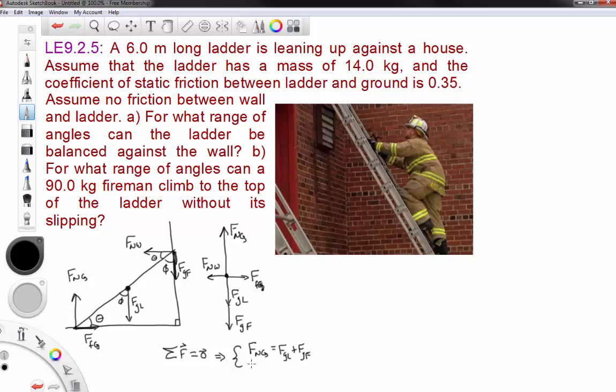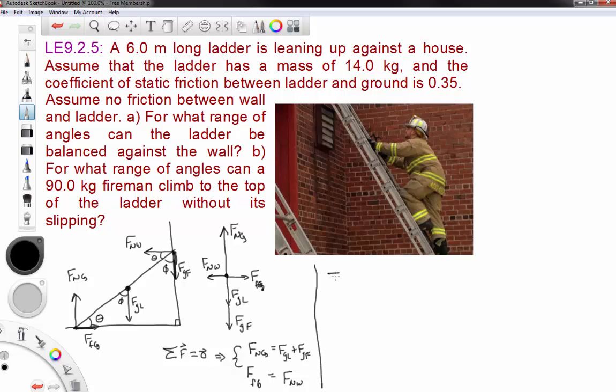The friction force actually is still going to be equal to the normal force between wall and ladder. So that one's not changed. So far the main change is by adding this term here.